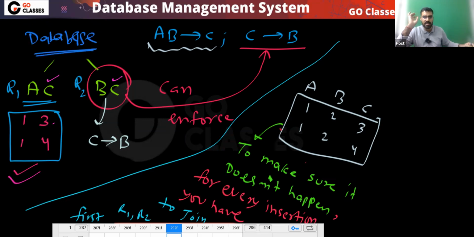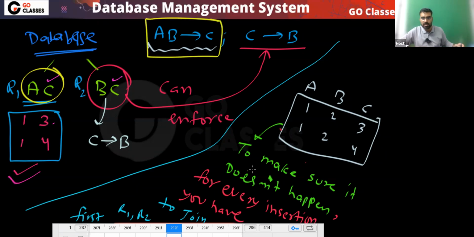Now you can notice that I cannot enforce this, right? If I have only these two tables and not the original table, I cannot enforce it directly. Of course, I can enforce it, but what do I need to do?